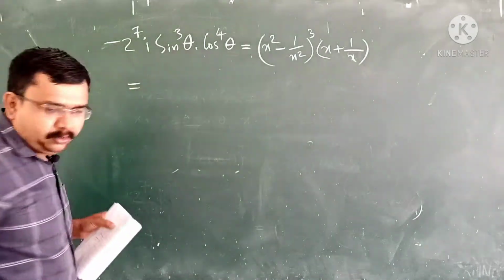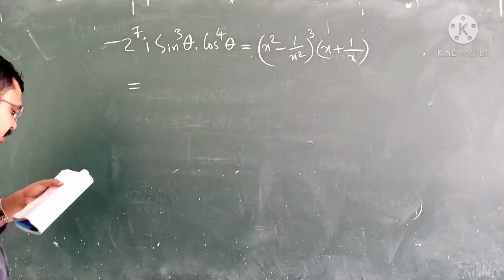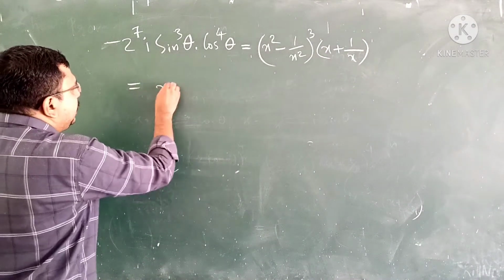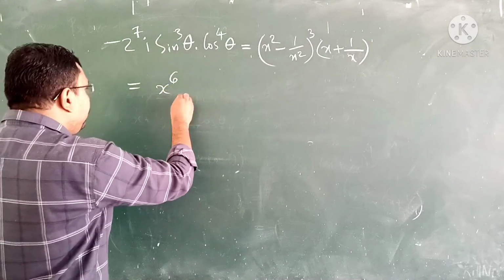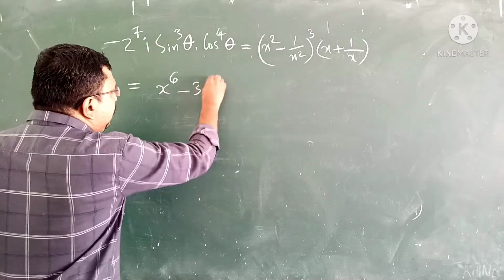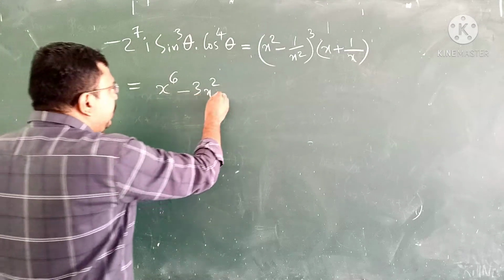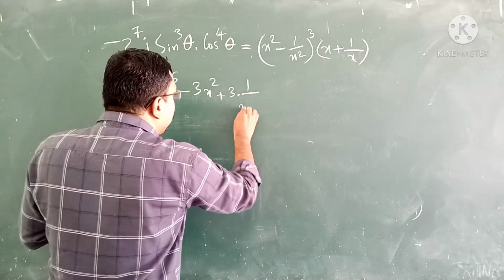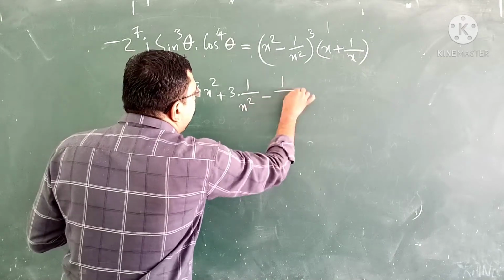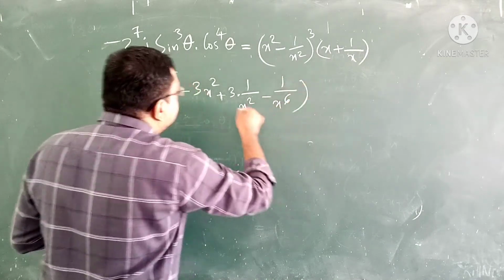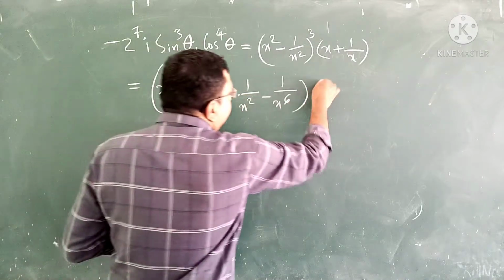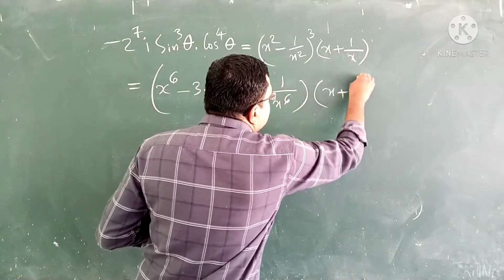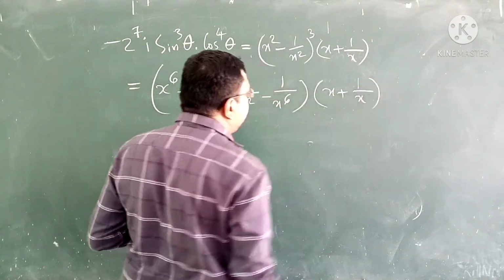Okay, it is equal to, listen, it is equal to x raised to 6 minus 3x square plus 3 into 1 by x square minus 1 by x raised to 6 into x plus 1 by x.